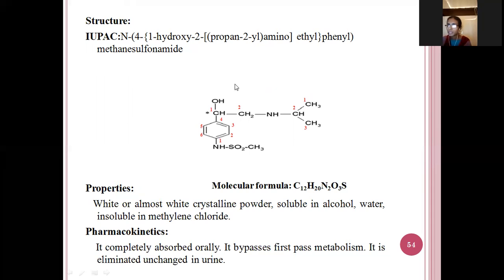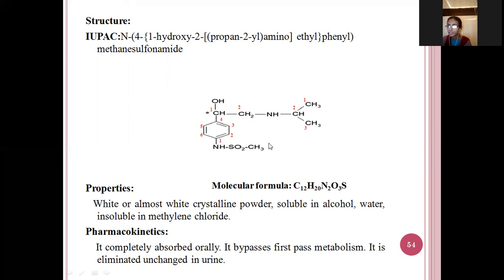If you see the structure here, this is the phenyl, and in the fourth position, two carbon atoms means ethyl. For this ethyl, in the first position, a hydroxy group is attached. This is amino, 3 carbon atoms means propane. The second position is attached to the amine, so it is 2-yl.